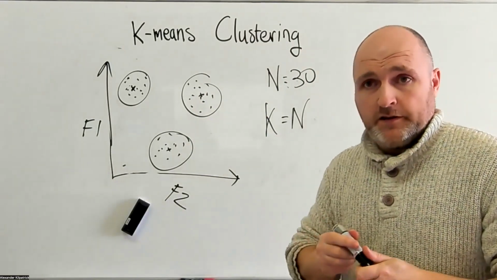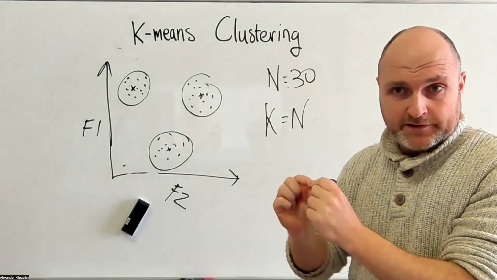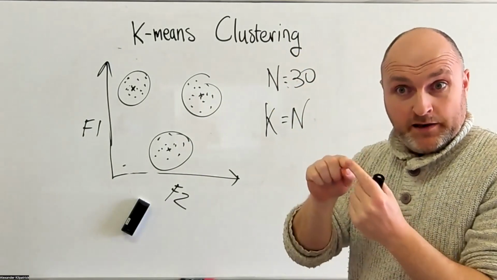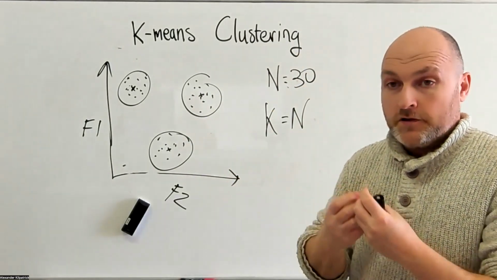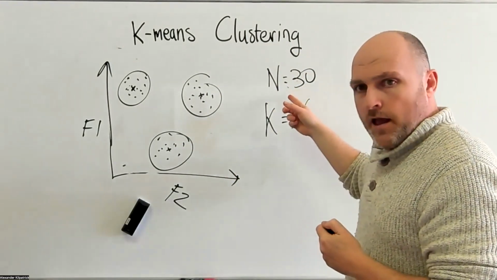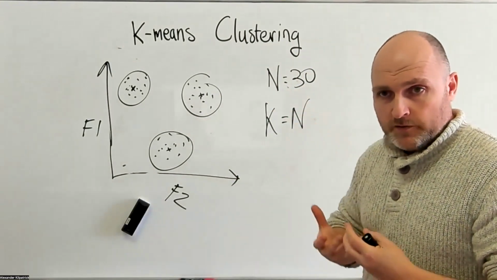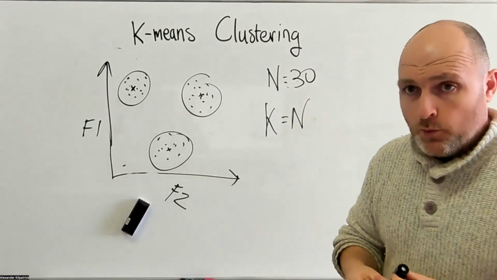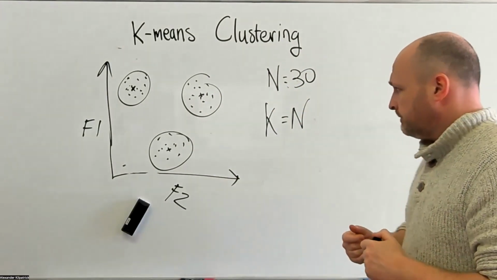Because each sample is going to be its own individual cluster, and its mean is going to be its value. So therefore, there is no distance from the mean, right? However, 30 clusters for 30 samples serves no purpose. There's no value to that model. What we're trying to do is build a valuable model that says something about the world.